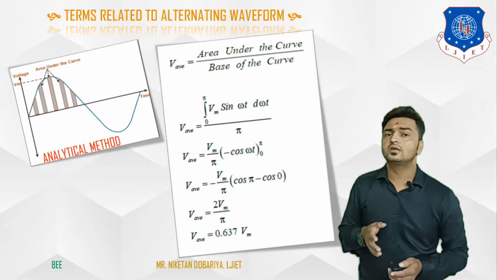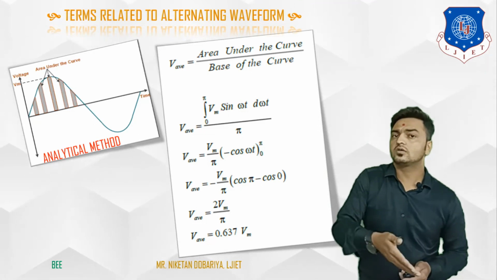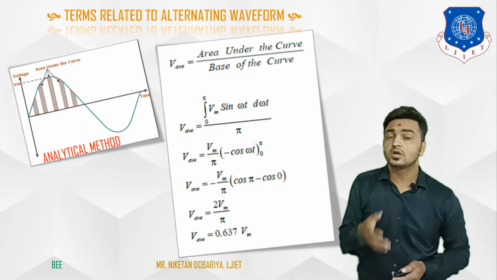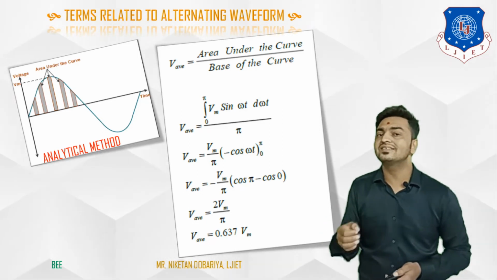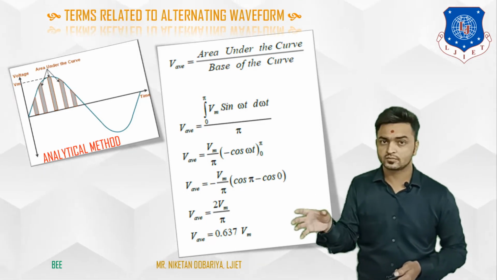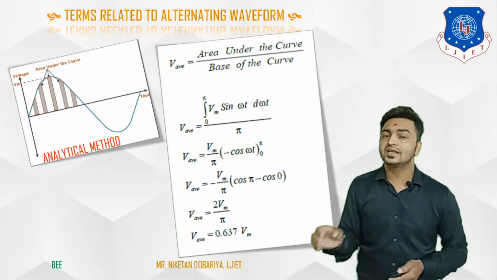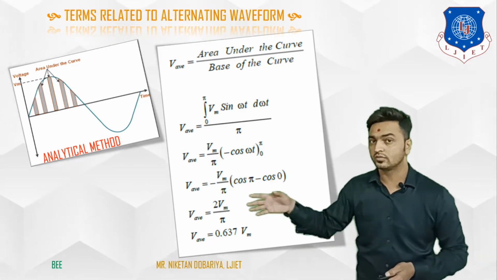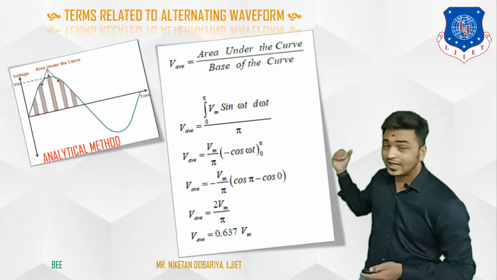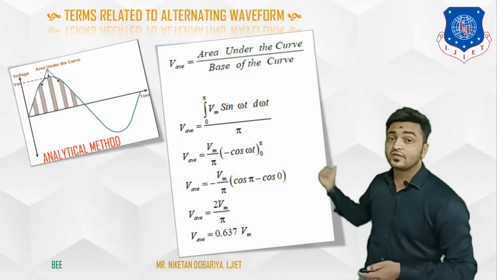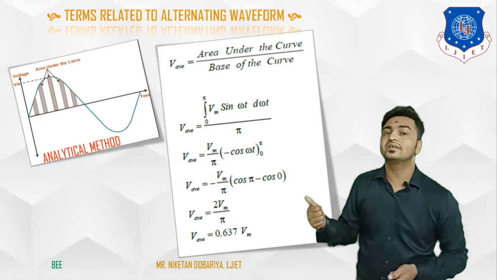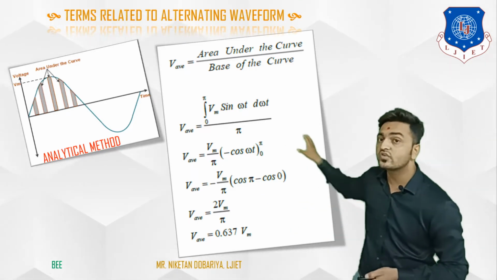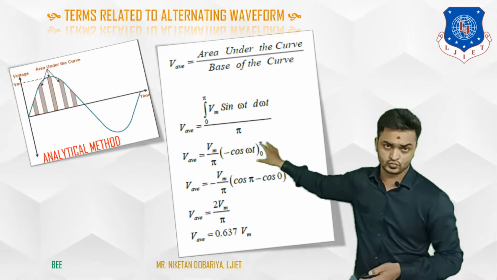When we apply integration to any function, the result provides the area under that curve. That means if I integrate the function of this half positive cycle, the result will be the area under that curve.